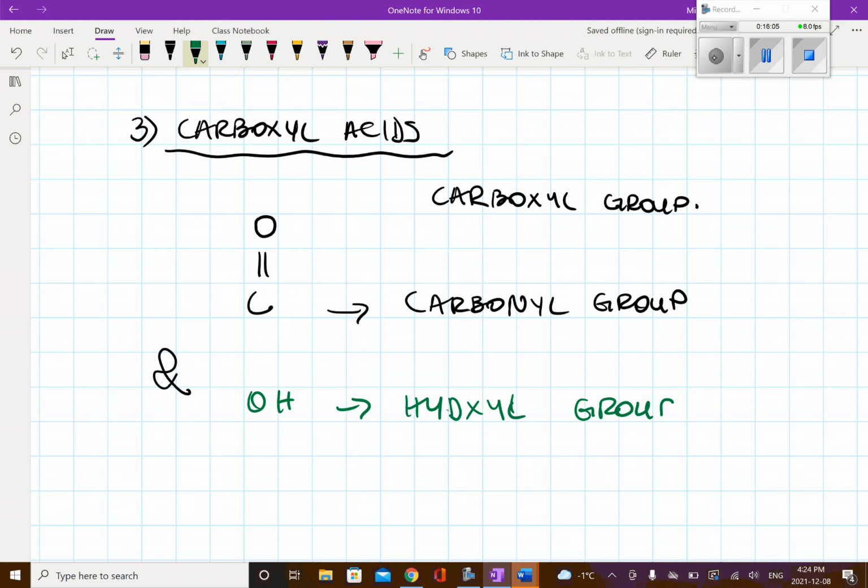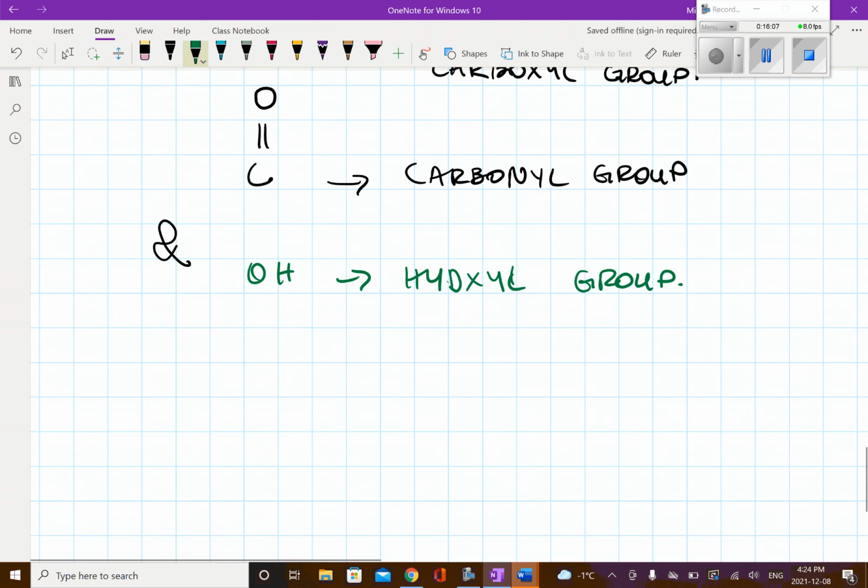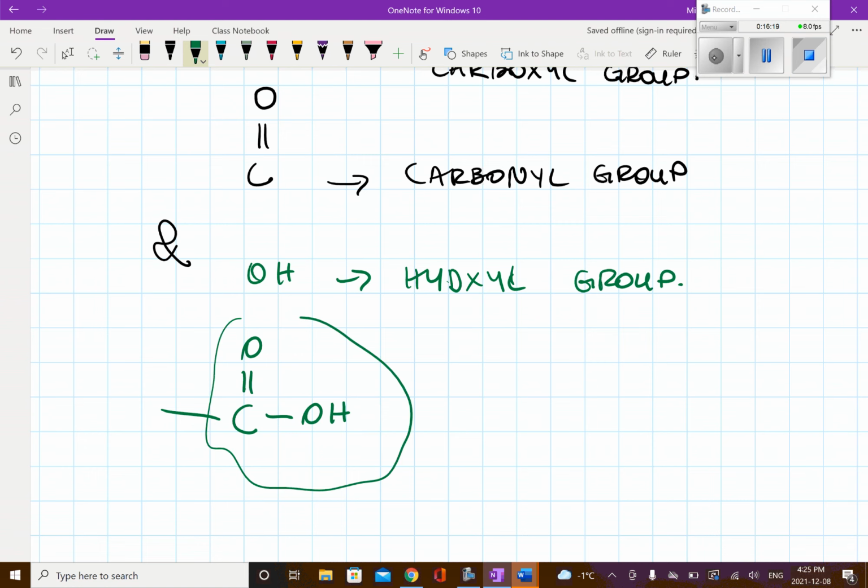When we combine those two together, what we will have is something like carbon, oxygen, and OH, and then the carbon is connected with the other one. This group is known as the carboxyl. So you're taking carbonyl and hydroxyl and combining them together.